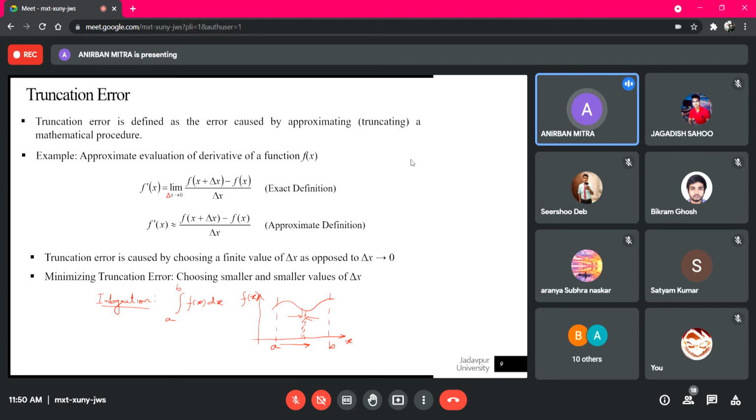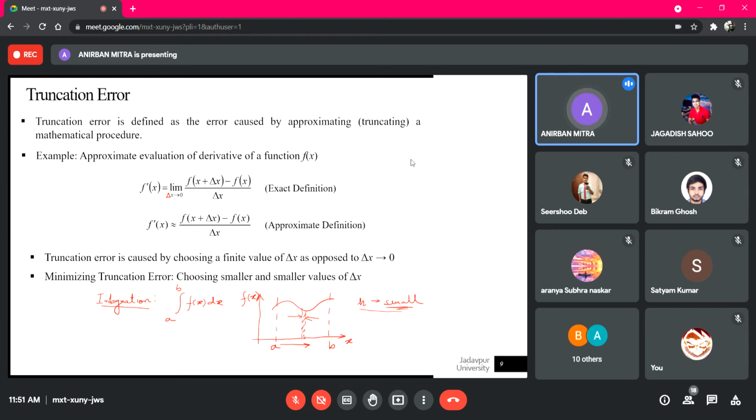You would have to go for some small thickness, let's say h. Even if this is a very small quantity, it is a finite quantity. And as soon as you do that, you are approximating the actual mathematical procedure. And in doing so, you are admitting some truncation error into the evaluated value.